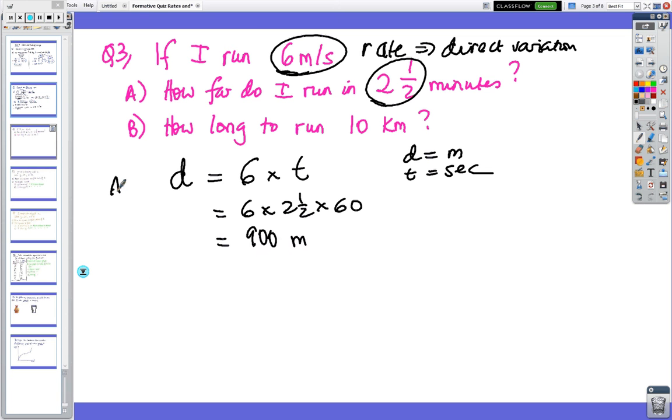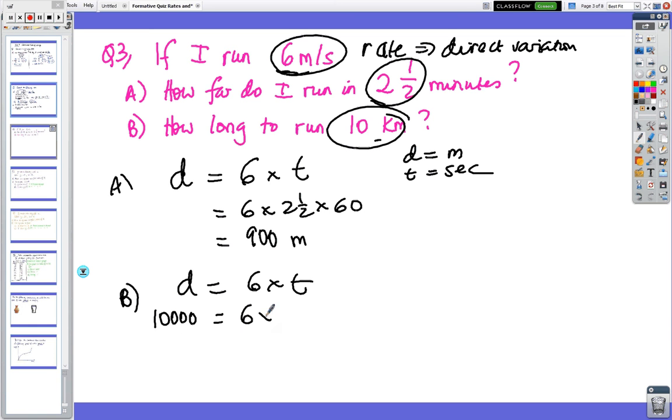That's part A. Part B: distance equals 6 times time is still the same formula. Now distance is in meters, so I've got to convert that. So 10,000 equals 6 times t. So t equals 10,000 over 6, which equals 1666.67 seconds.